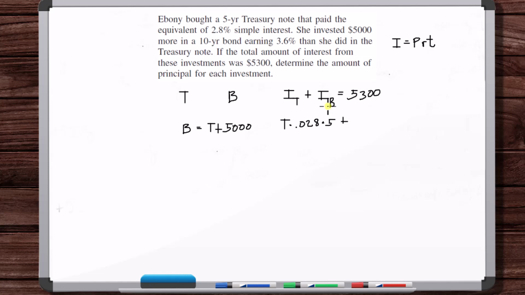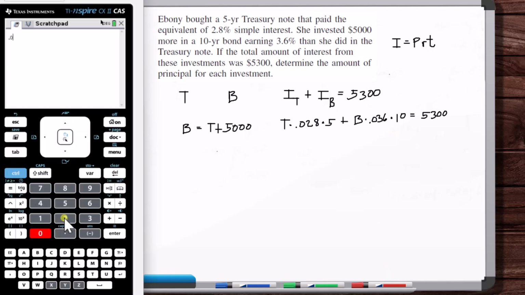The interest from the bond is B, the amount initially invested in the bond, times the rate of the bond, 0.036, times how long the bond was, 10 years. That's equal to 5,300.